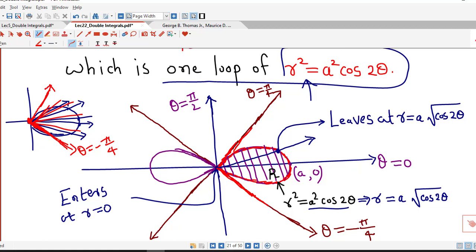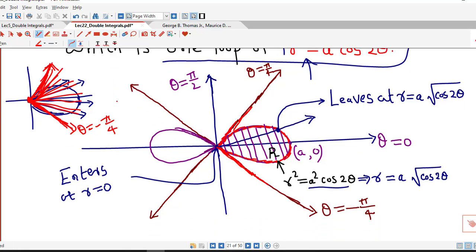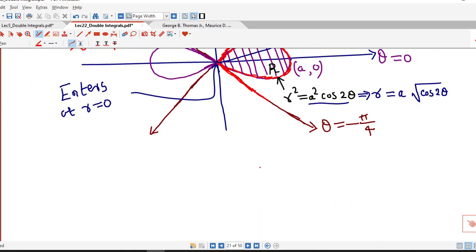So we start from this point, theta equal to minus pi by 4, then we increase the value of theta, and at this point we will end our region. So this is the upper boundary of the region, and it is theta equal to pi by 4. So limits of theta are from minus pi by 4 to pi by 4. So minus pi by 4 less than or equal to theta less than or equal to pi by 4.